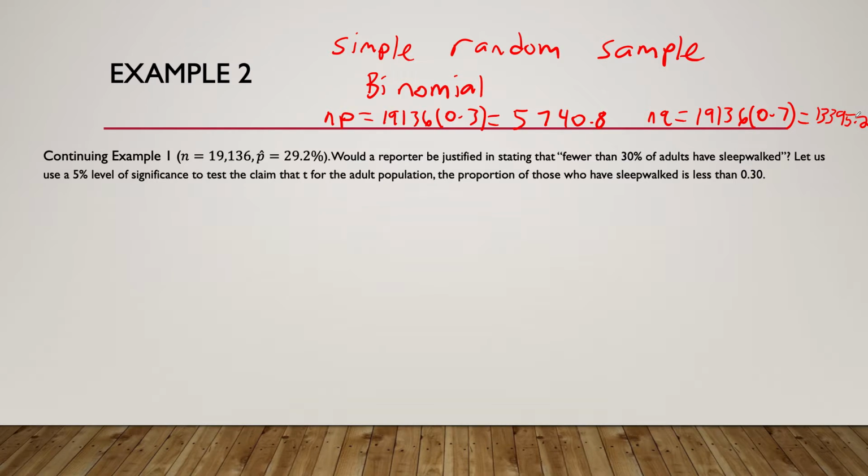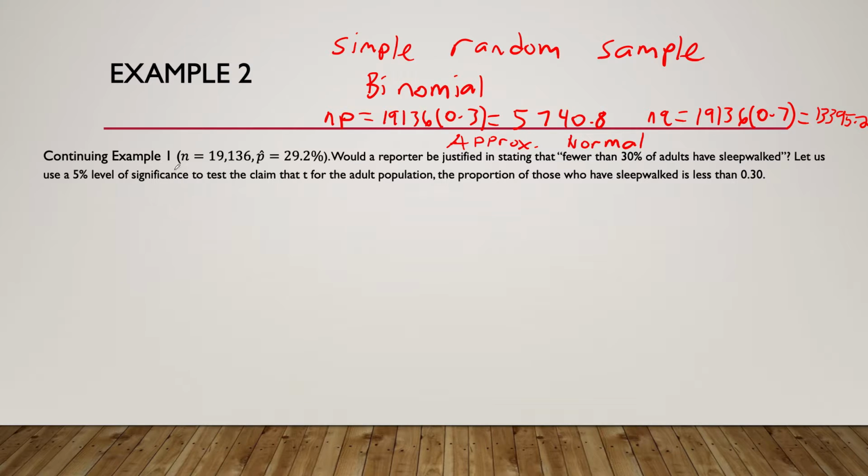So both of those are greater than 5. So then we could say that the population is approximately normal. And as such, because we just found it to be approximately normal, we could then continue on with the test.